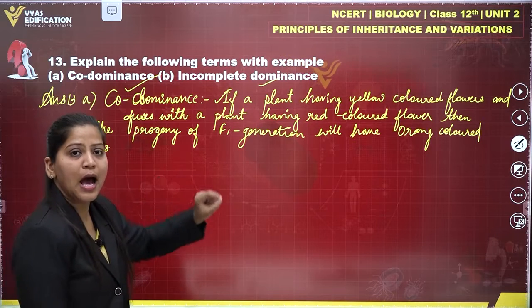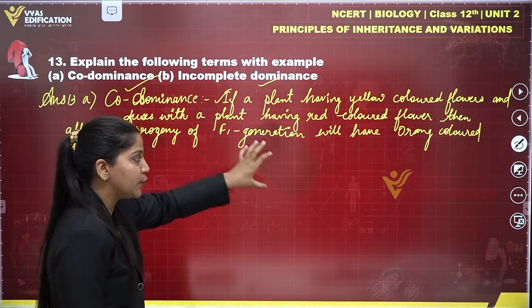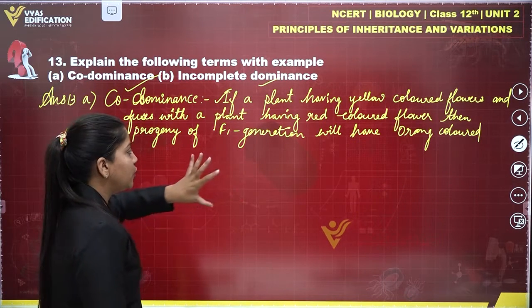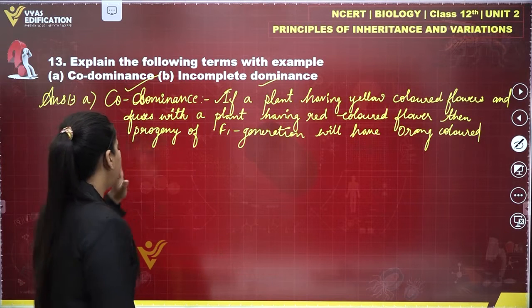If a plant having yellow colored flowers fertilizes with a plant having red colored flowers, what we see in the F1 generation is that all the progeny have orange colored flowers.